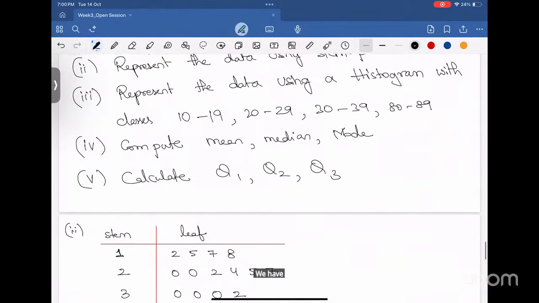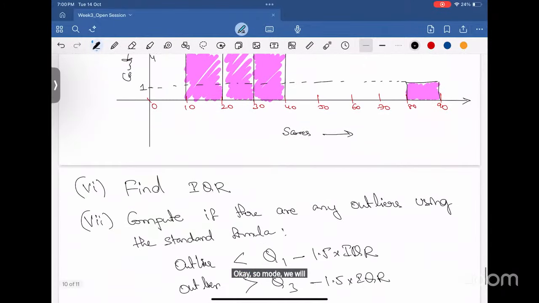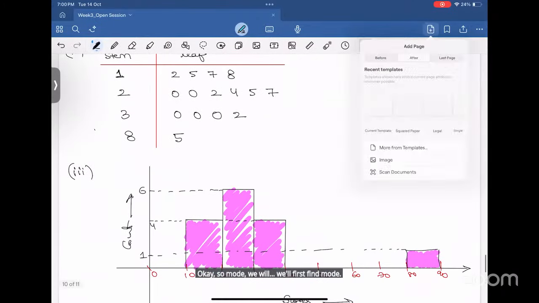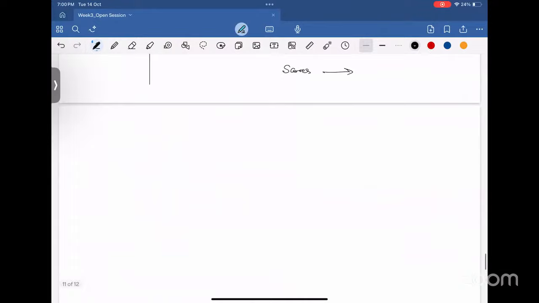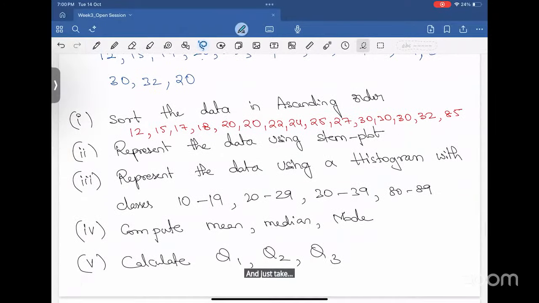We have to compute mean, median, mode. Okay, so we'll first find mode. So for the fourth one, I'll just take the data points.